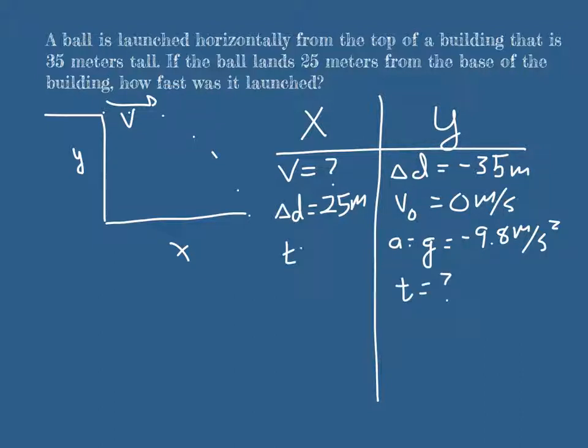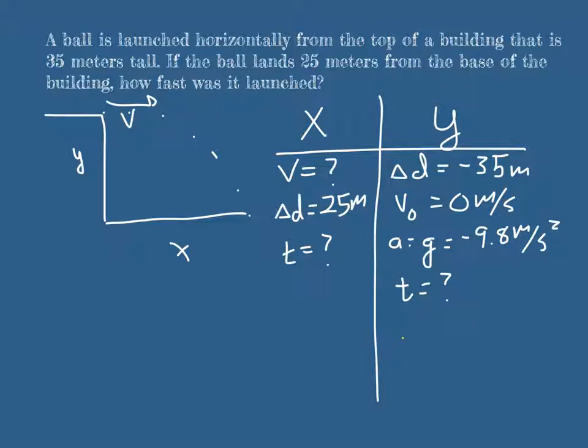The time is our question mark on both sides. So over here we have an unknown and another unknown. We have two unknowns on the x side, but only one unknown on the y side, and these two are the same thing. So let's use the y side to solve for our time.